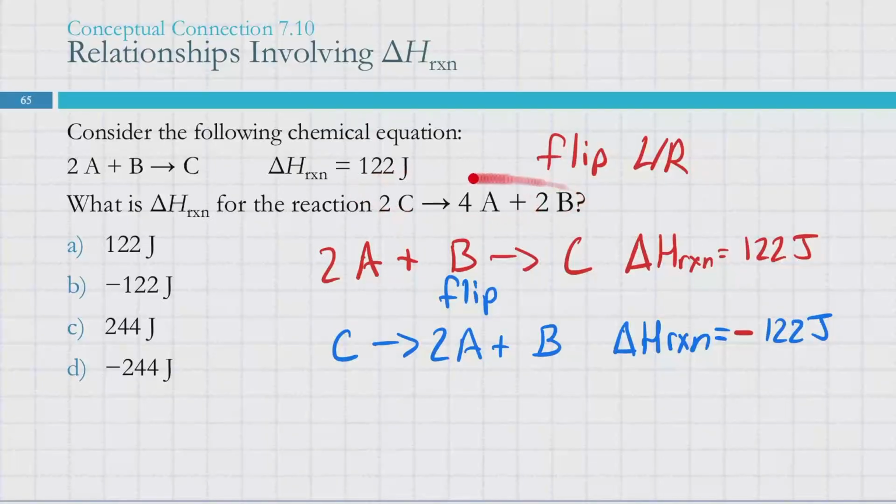Do we have the new reaction? Or do we have something different still? Still different. What changed after we flipped it? What else do we have to do? The whole equation's doubled. When we double the equation, what does that do to our delta H? It also doubles.